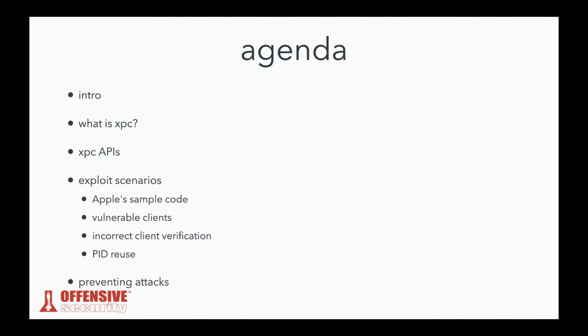One of them is the Apple sample code. And then we will look through the vulnerable clients, incorrect client verification, PID reuse attacks, and at the very end, I will also talk about how we can prevent these attacks and how we can actually make a secure XPC service.